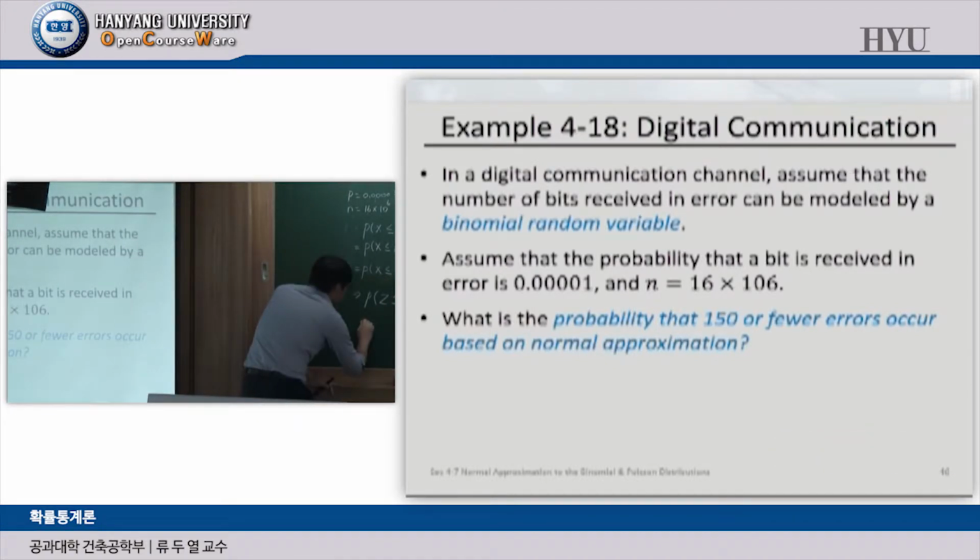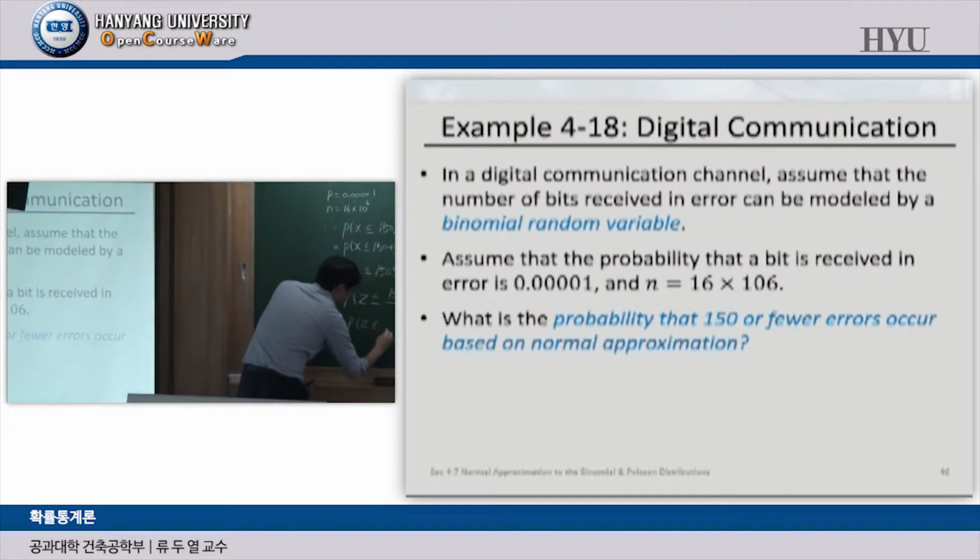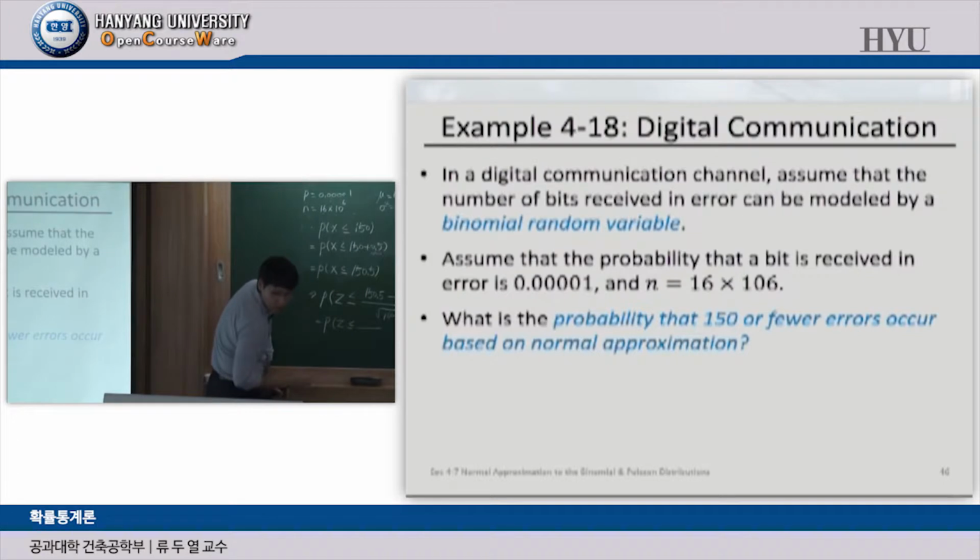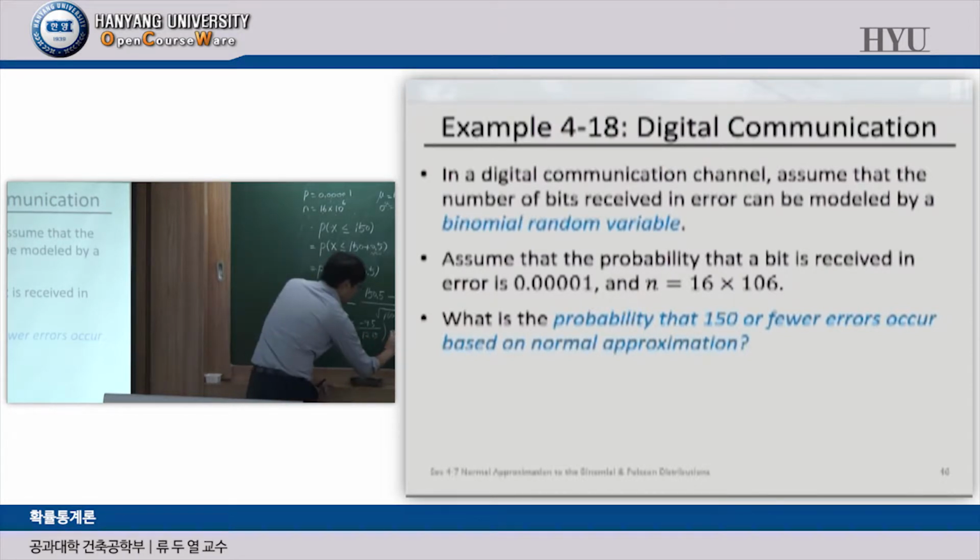So this is the probability of z when z is smaller than or equal to minus 9.5 over 12.65, and this is equal to minus 0.75. Okay?